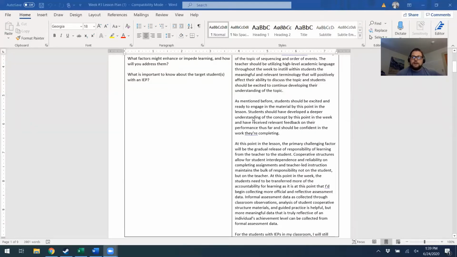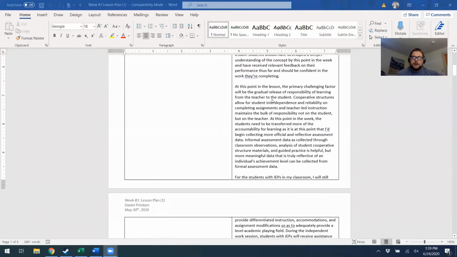Now, let me scroll down a little bit. At this point in the lesson, the primary challenging factor will be the continued gradual release of responsibility from the teacher to the student. Cooperative structures allow for student interdependence and reliability on completing assignments, and teacher-led instruction maintains the bulk of responsibility not on the student but on the teacher. At this point in the week, we really want to start transferring more and more of that accountability to the student for their learning.